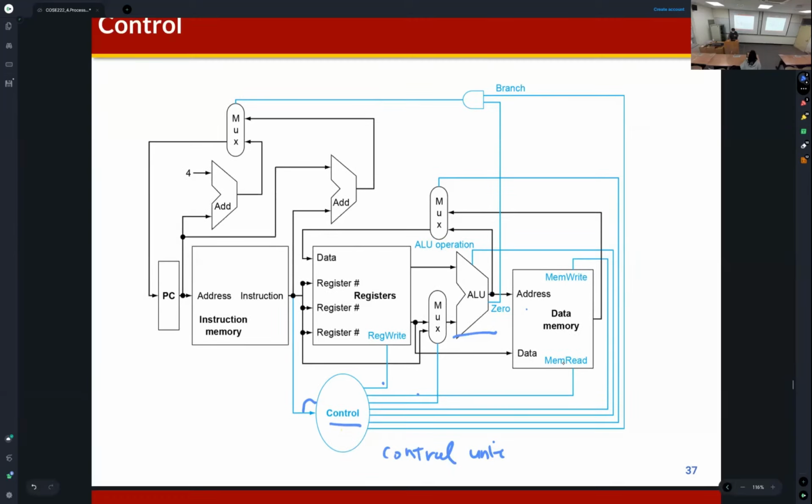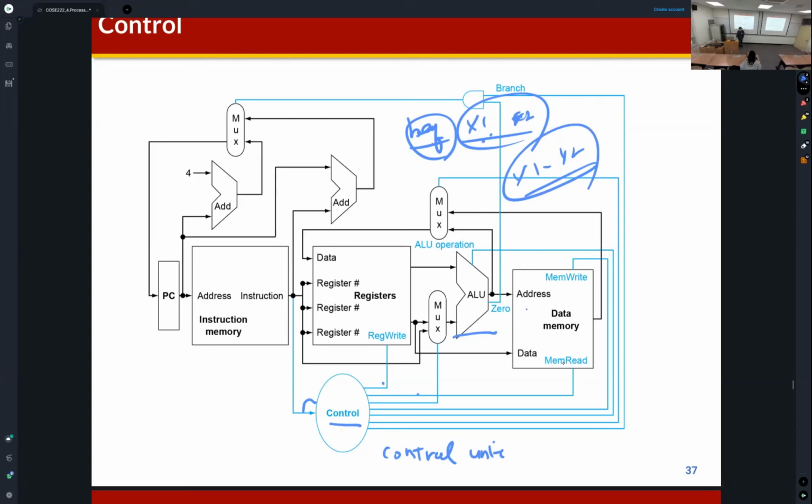Also, we can use ALU for the branch instructions like BEQ. BEQ X1, X2, and in order to compare these two different components, we need to perform subtraction like X1 minus X2. In order to check the equality, we can perform subtraction. So this ALU can be used for the branch instruction.